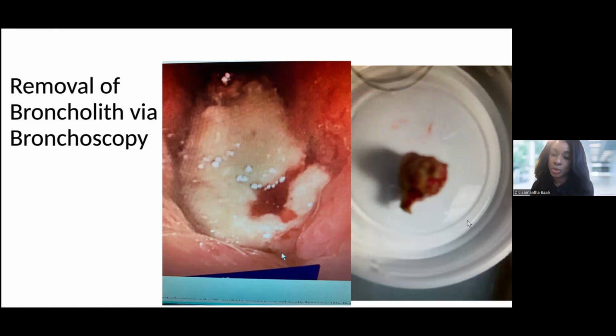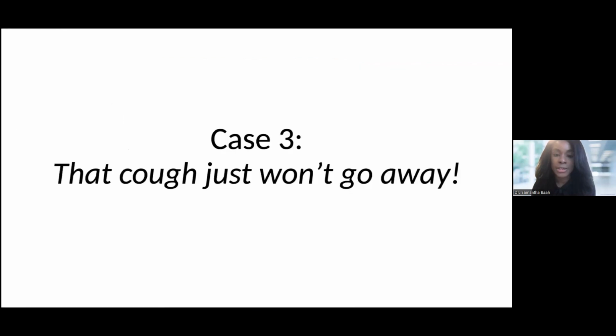So we're able to treat that granulation tissue so that it can heal better. This was a gentleman whose broncholith I removed, and it was huge. I actually had to take his ET tube out in order to get the broncholith out. But his episodes of pneumonia reduced, and he was sent on his way.